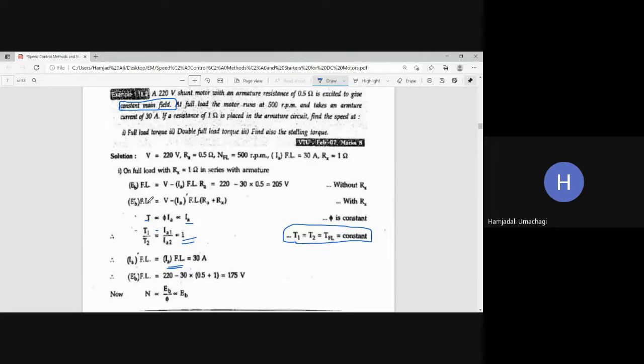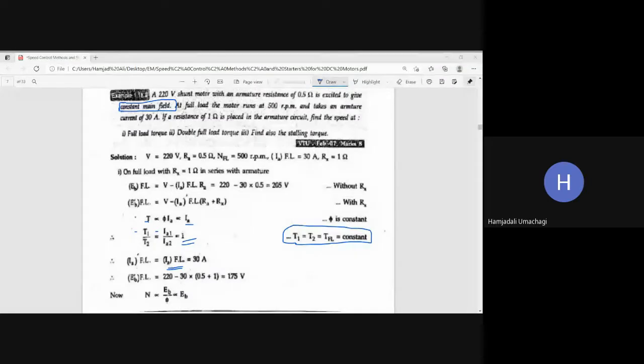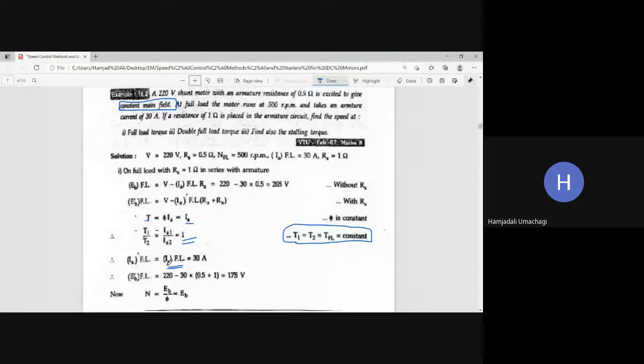So what is the Eb dash FL formula? That is equal to V minus Ia dash into (Ra plus Rx). So V is 220, Ia dash is 30. Then what is remaining now?